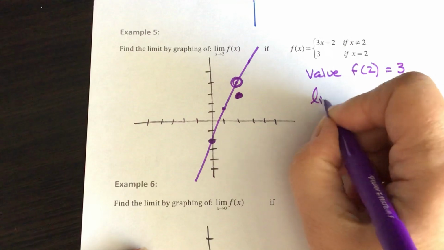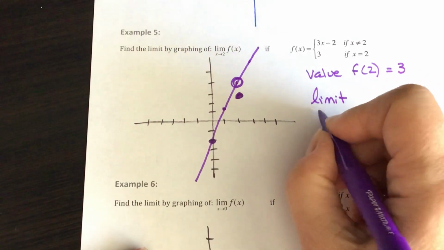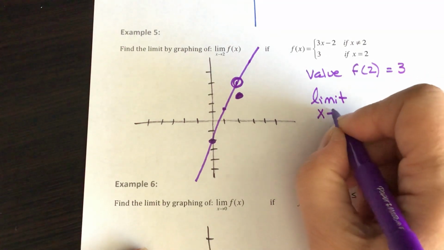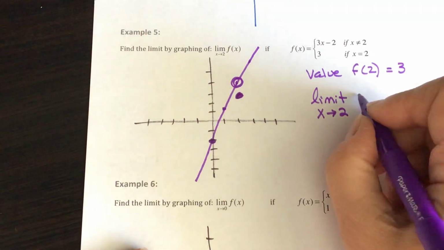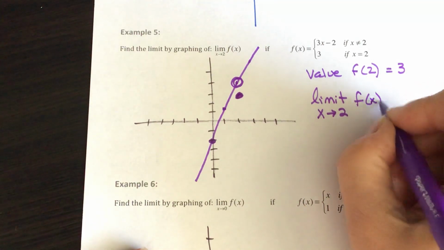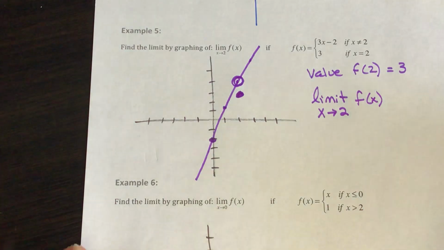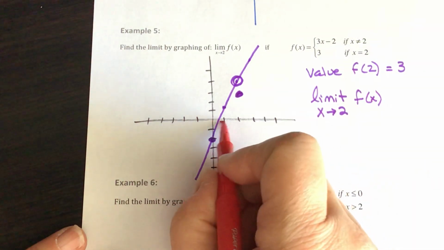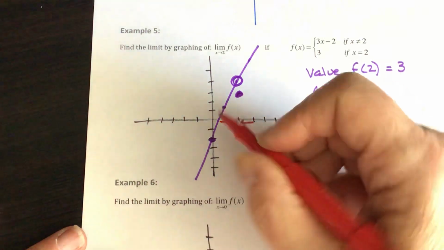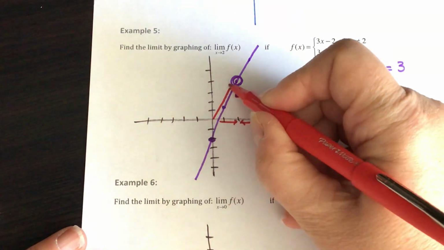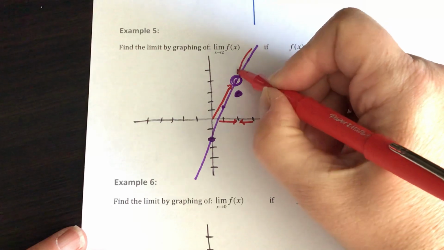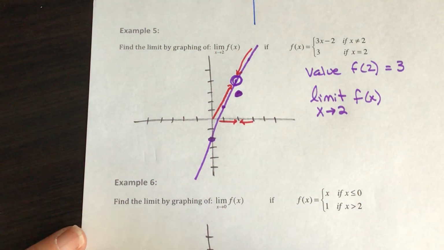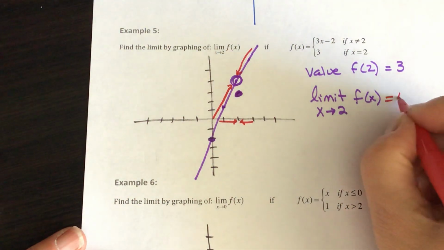But the limit as x approaches 2 of the function, and again, this is what's happening as x is getting closer and closer to 2, here I'm getting closer and closer to this number, which would be 4.